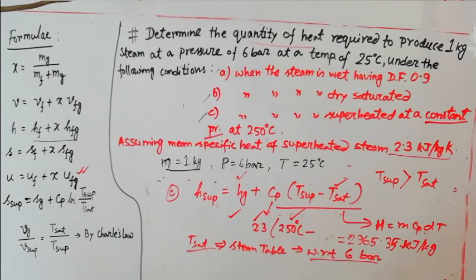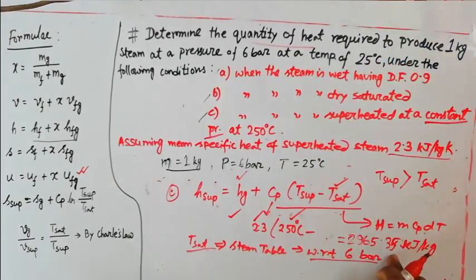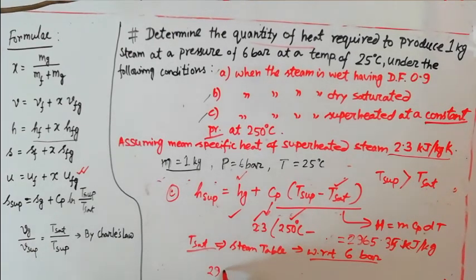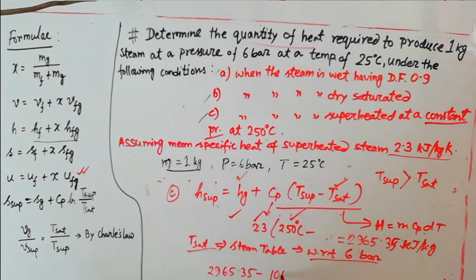Now again you have to find the additional heat required. So what amount of heat is required for 25 degrees centigrade water to reach this state? Again you have to do a subtraction, that is 2965.35 minus the amount of heat stored in the water, that is 104.5.